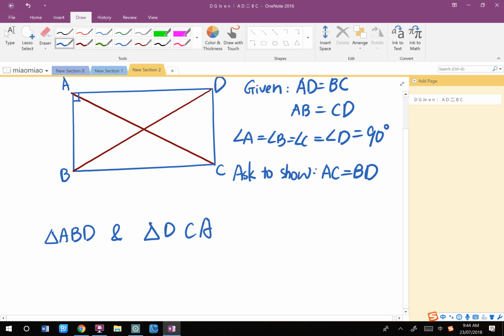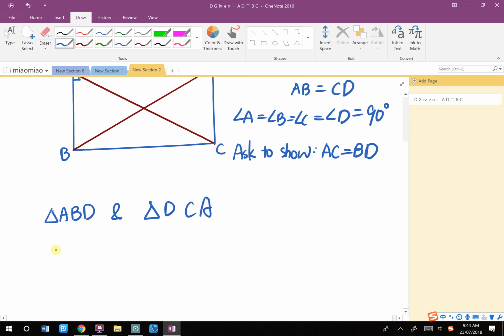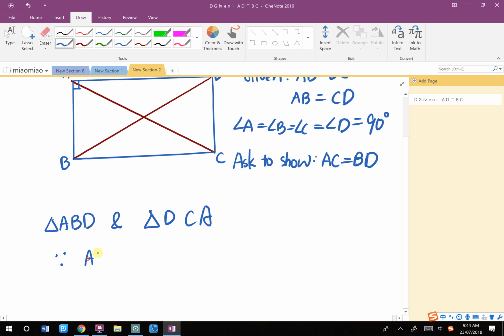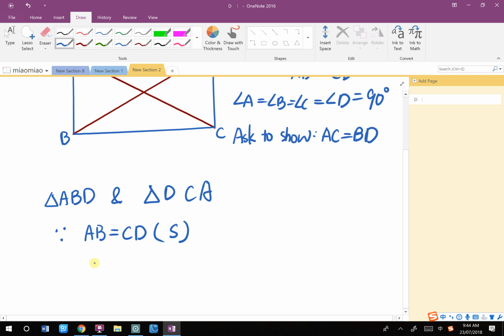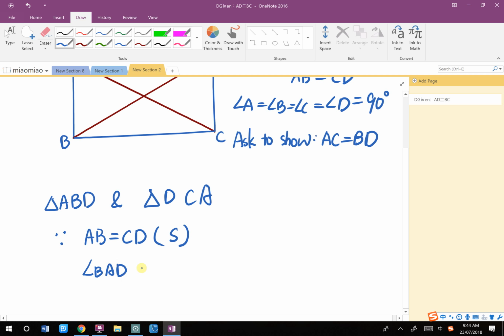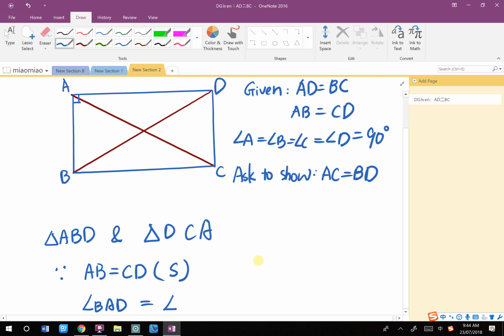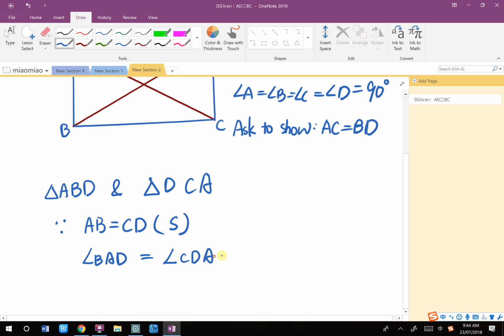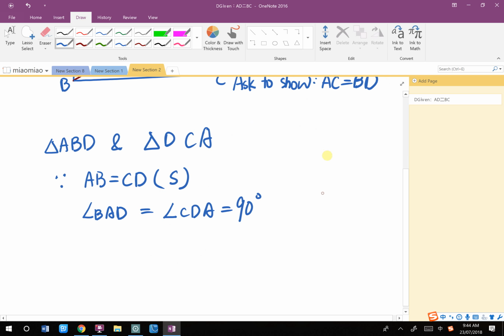Let's make all the reasons clear. Because AB equals CD, that's a side equal. And angle BAD equals angle CDA equals 90 degrees, because they are right angles, and that's an angle equal.